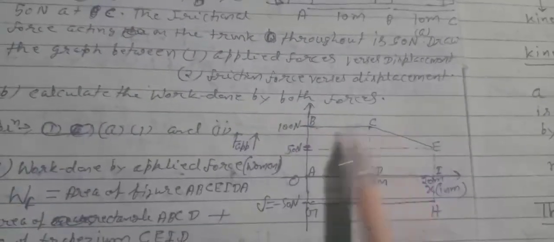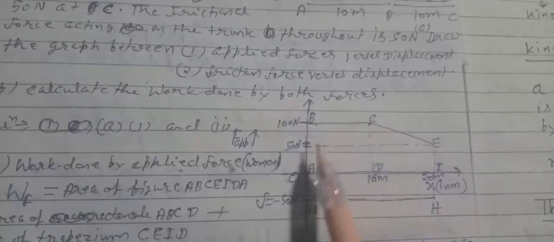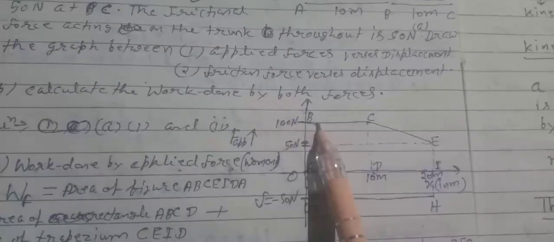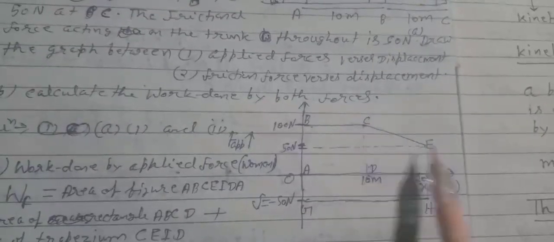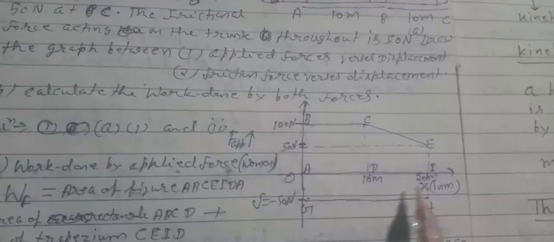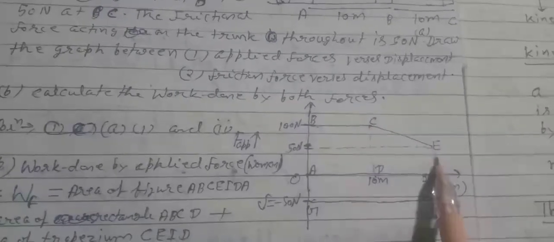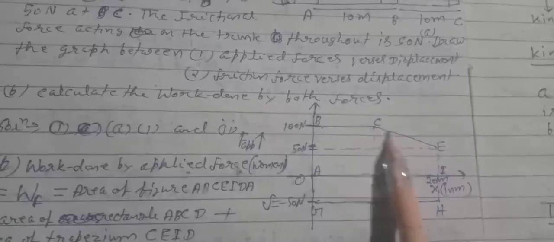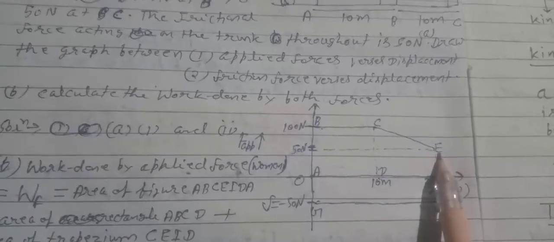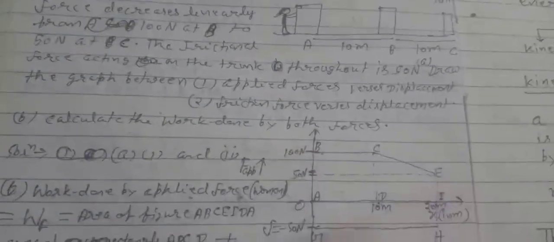Now up to B, a force of 100 Newton is acting, so this line shows 100 Newton, and from B to C, traveling 10 meter, the force changes from 100 Newton to 50 Newton, so this line shows the motion from B to C.